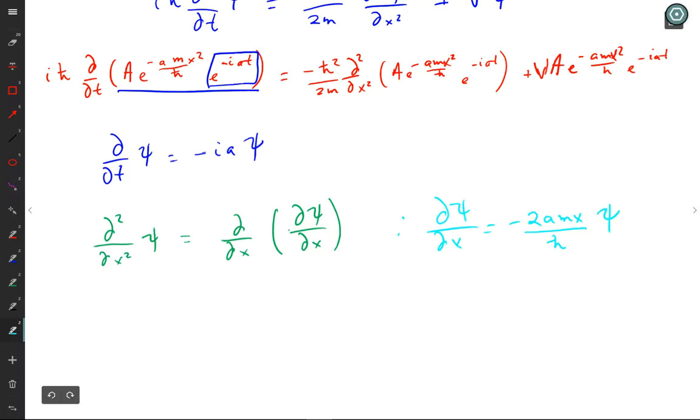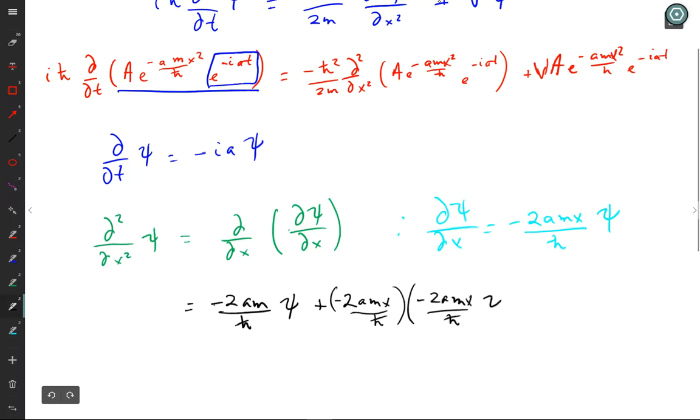Well, that's a little more complicated for the second derivative because I'm going to have to use the product rule. So my second derivative is equal to the derivative of the first, minus 2am over h bar, times the second, plus the first, minus 2amx over h bar, times the derivative of psi, which is minus 2amx over h bar psi.